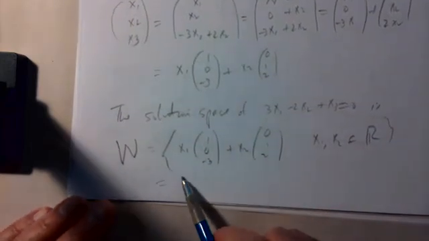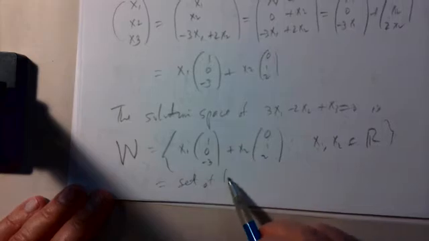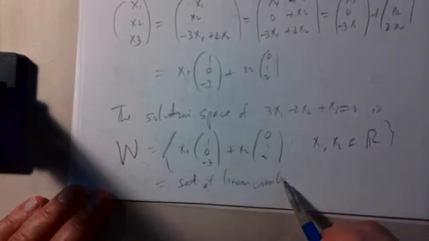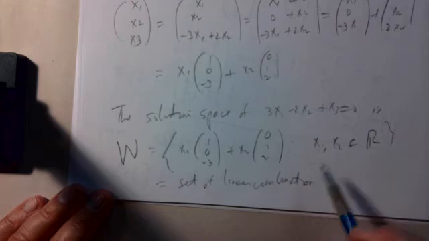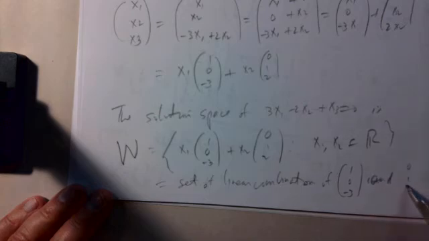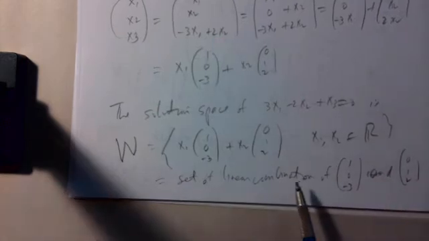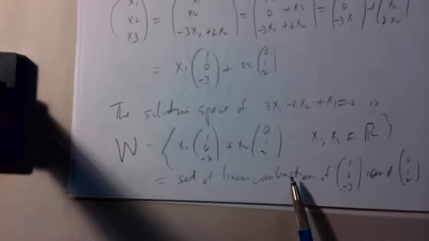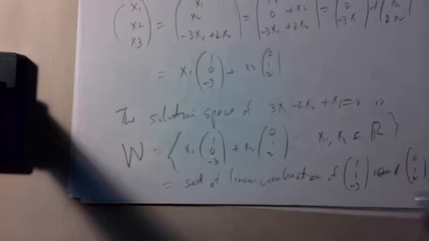And this is the set of all linear combinations of the two vectors 1, 0, minus 3 and 0, 1, 2. And the set of all linear combinations of a finite set of vectors we saw was a subspace. So this is the solution space of this equation. It's a vector subspace in R3. All linear combinations of these two vectors.